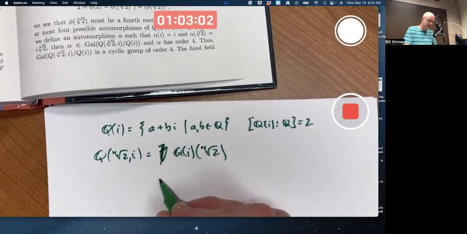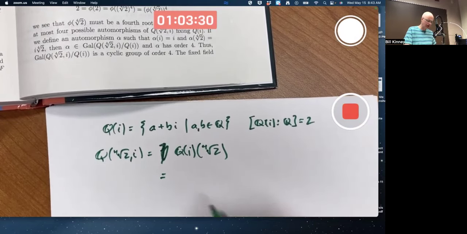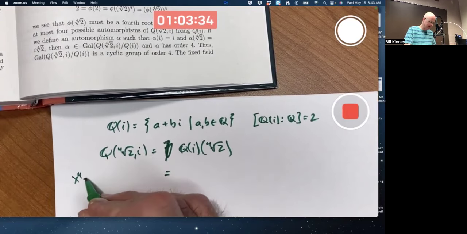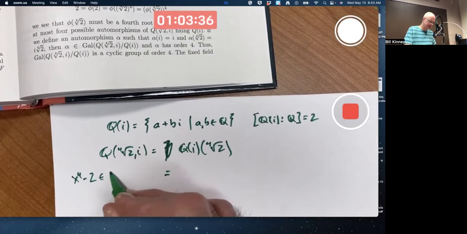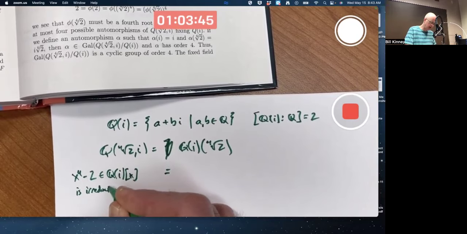And it does turn out to be a degree 4 extension of Q of i. It turns out, without proof, that x to the 4th minus 2, thought of as a polynomial in Q(i)[x], is in fact irreducible over Q(i).